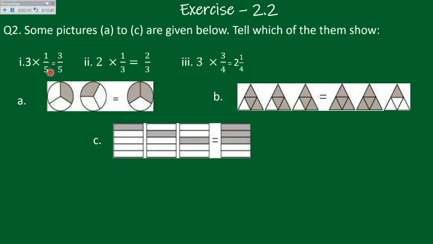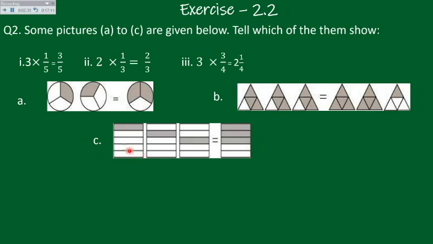Now see 1 upon 5. 1 upon 5 means in the figure we have only one shaded part out of 5. Out of 5 it should contain one shaded part. So it has one unshaded part, so definitely this is not our answer.